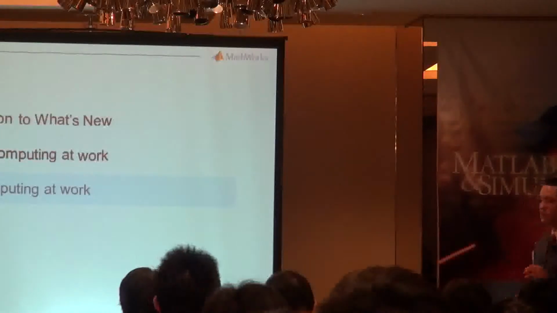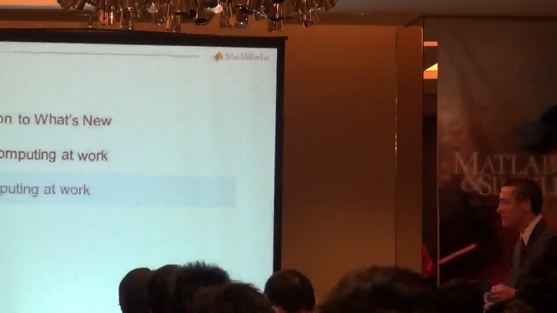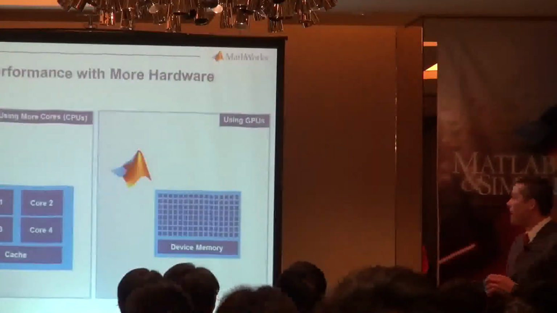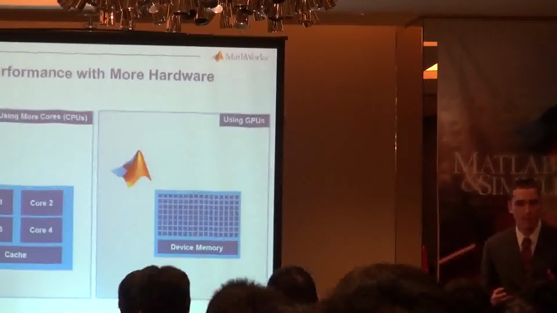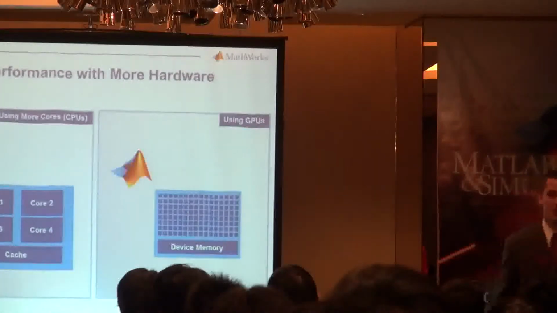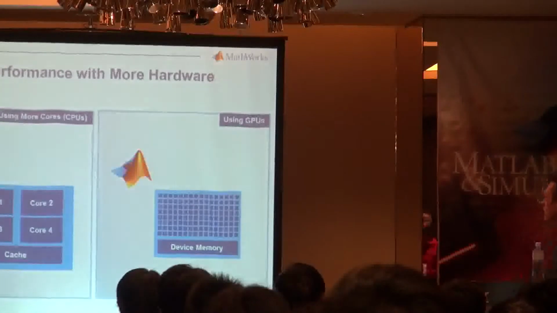The whole idea of GPU computing is not to have my calculations run on my CPU, my central processing unit, my Intel or AMD processor, but to have them run on my graphics processing unit. Why do that?